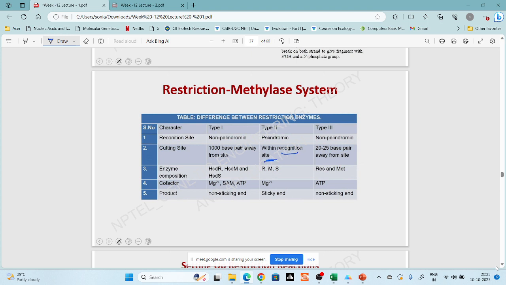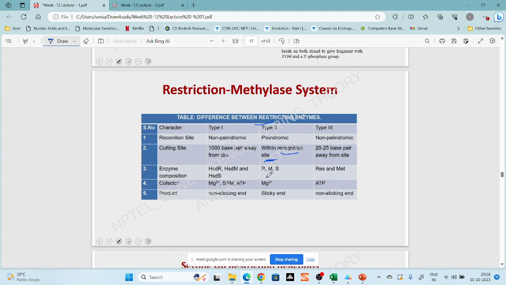So if I ask whether the restriction enzymes we use, like EcoR1 and BamH1, are type 1, 2, or 3, what would be the answer? These are type 2 restriction enzymes. So when we are doing molecular cloning, we are using type 2 restriction enzymes, not type 1, not type 3.